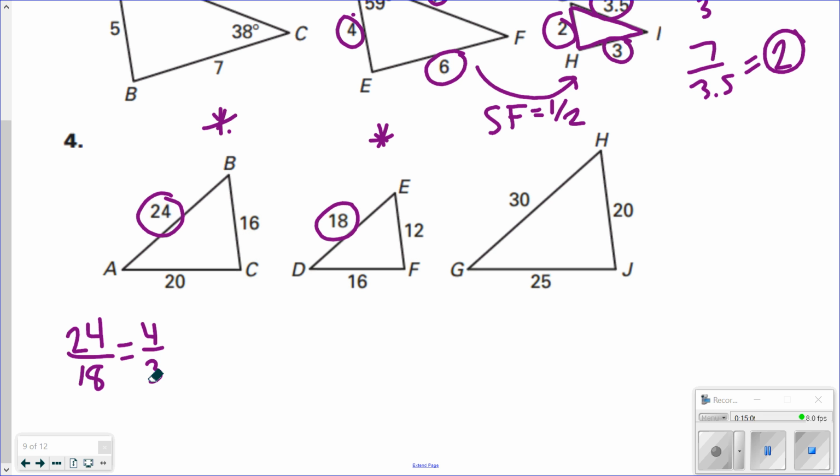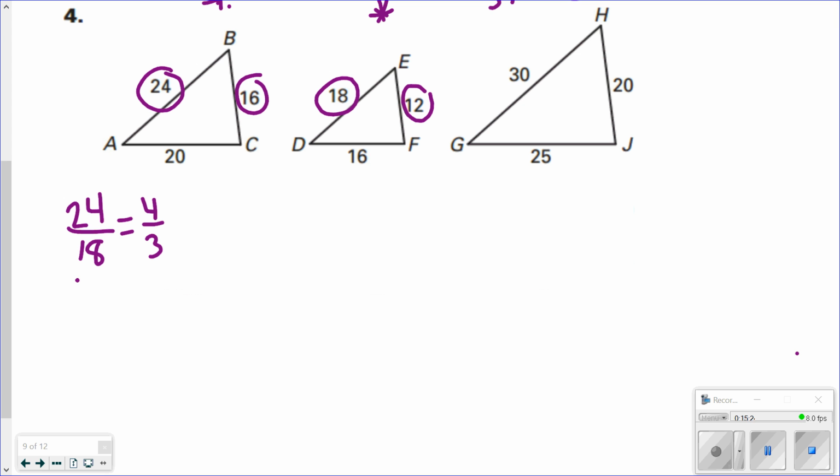Next, we'll do 16 and 12. So 16 divided by 12, and that is also equal to 4/3. So far, so good.